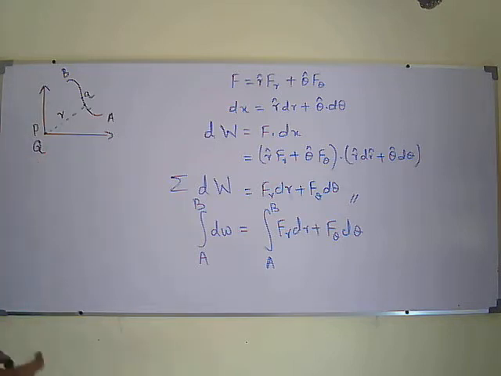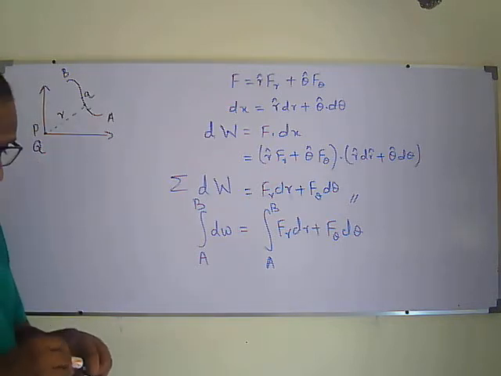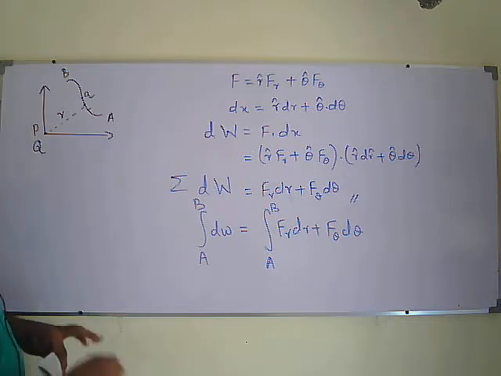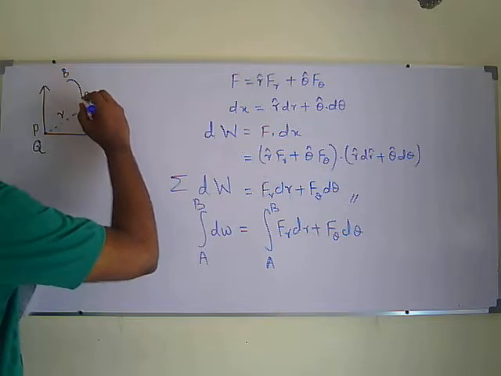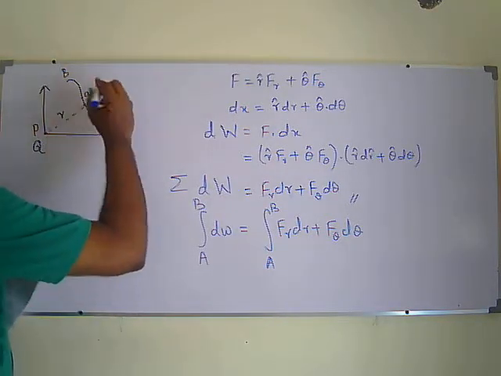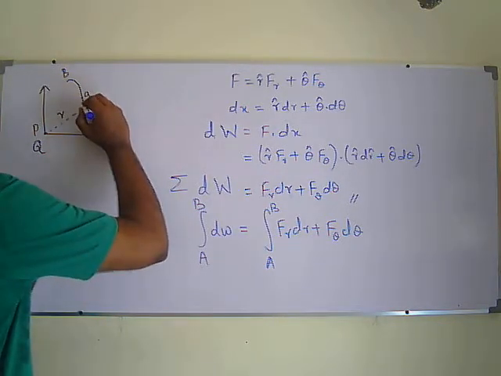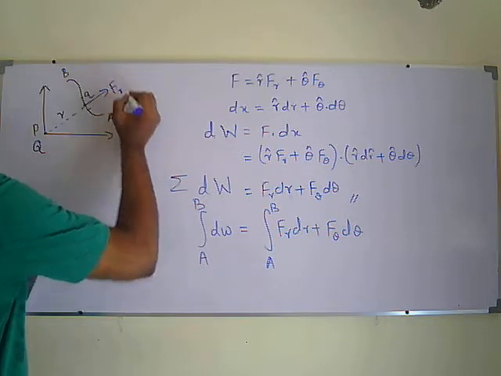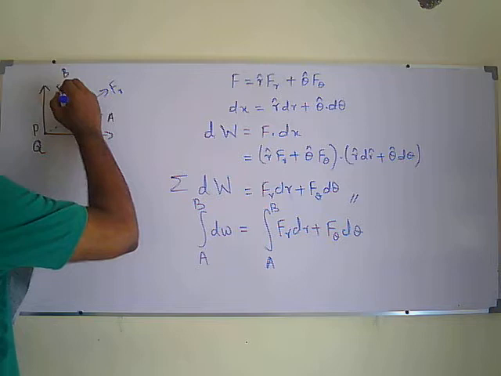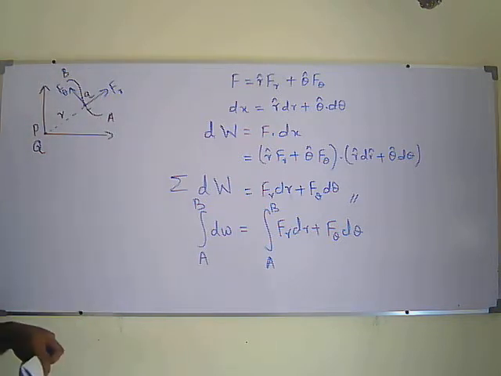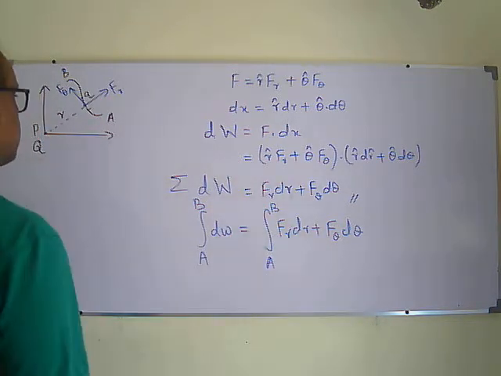And you know that I took two different components of force. I took the force at an angle in the earlier diagram, and I told the components: the radial force along the radial direction, Fr, and the perpendicular component I took as F theta. That's the way I got this equation.